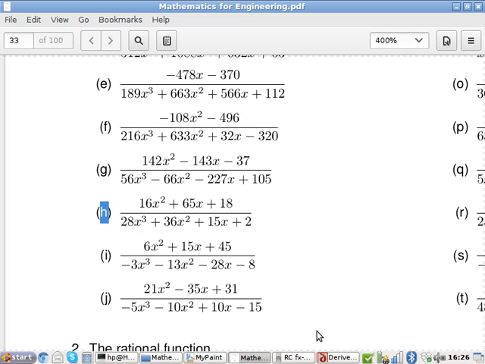What were your three denominators? 7x plus 2, 2x plus 1 and 2x plus 1 squared. There's three different: 7x plus 2 and then 2x plus 1 and then 2x plus 1 squared. A, B, C. Correct.